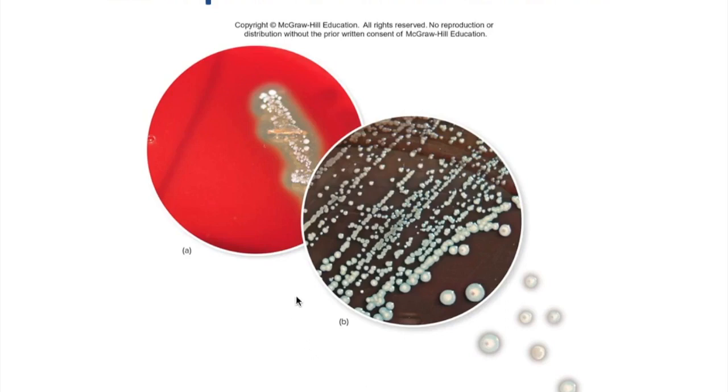For example, these are two enriched media. This is blood media. This is chocolate media. The chocolate media also contains blood.